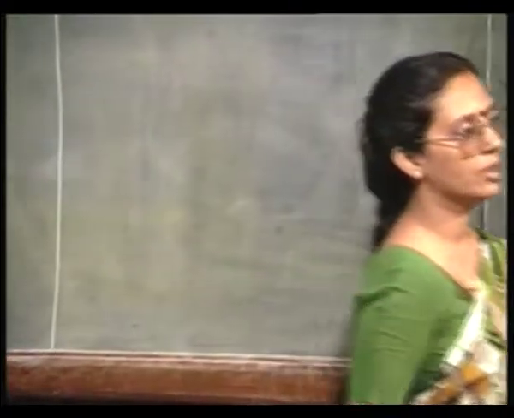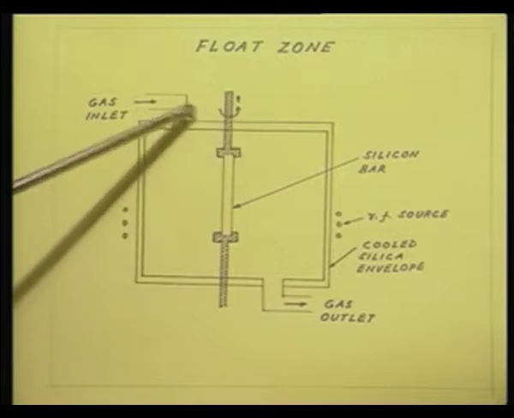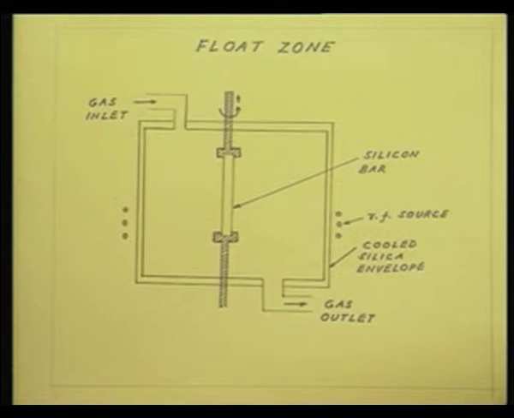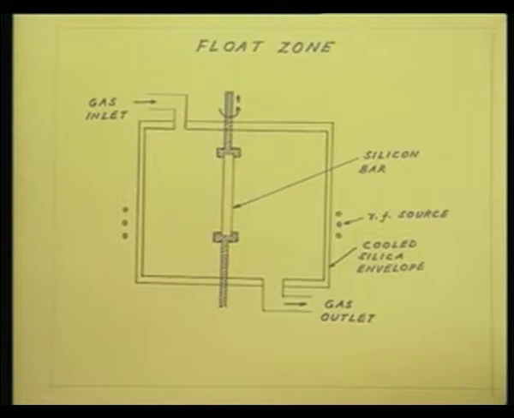What we have here is a cooled silica envelope, just like in case of a Czochralski unit you had a water cooled silica envelope. Even here we have a cooled silica envelope, and we have gas inlet and gas outlet.